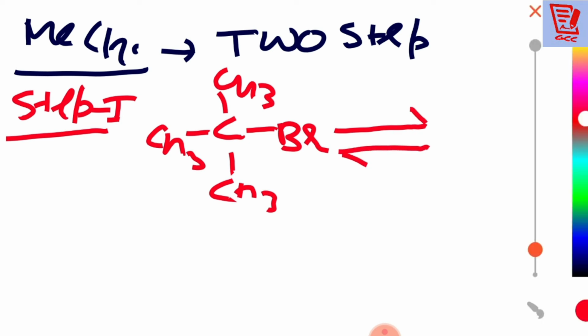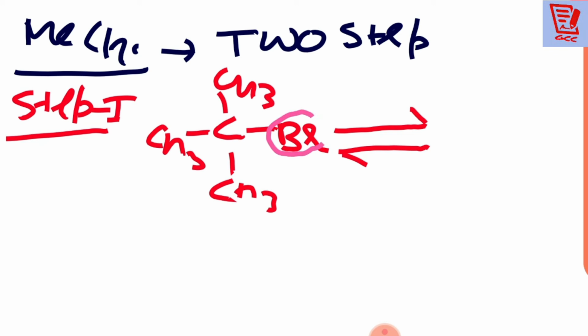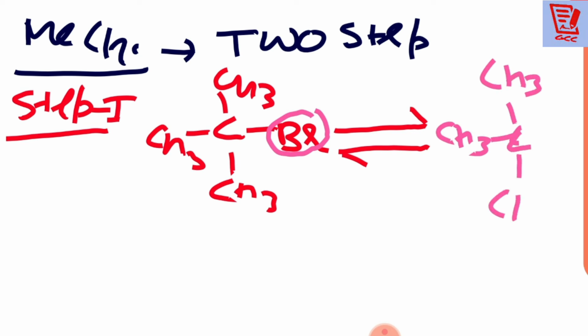When we remove this Br negative, we get (CH3)3C with a positive charge, plus Br negative.